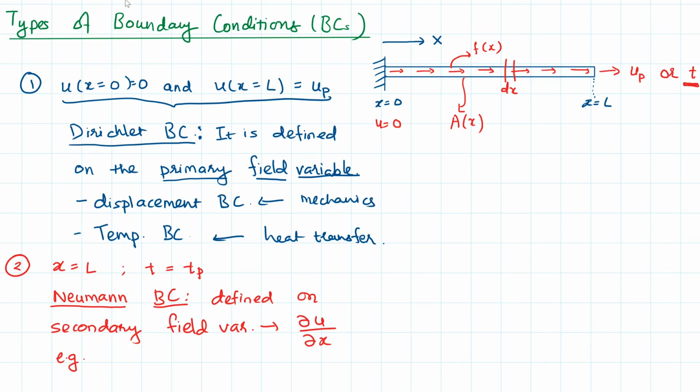an example of such Neumann boundary condition is our traction boundary condition, where if you take traction, which is simply the component of stress in the given direction, right, which is equal to our elastic modulus times the strain, which is elastic modulus times the partial of displacement with respect to x.